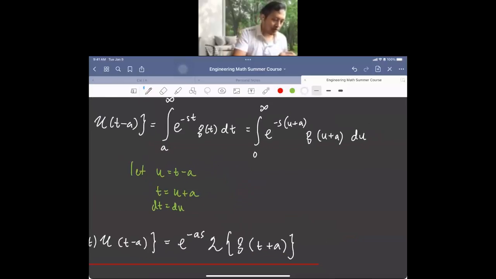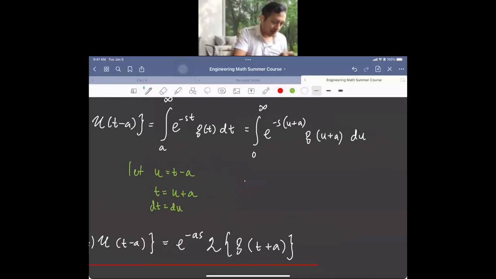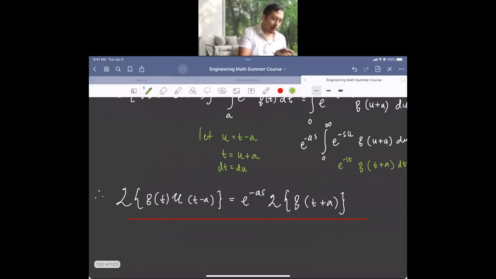Or to be more clear, what I mean here is we have this e negative su g of u plus a du. This is the same thing as what we have before, right? This is the Laplace, right? So we can take this as our approach.